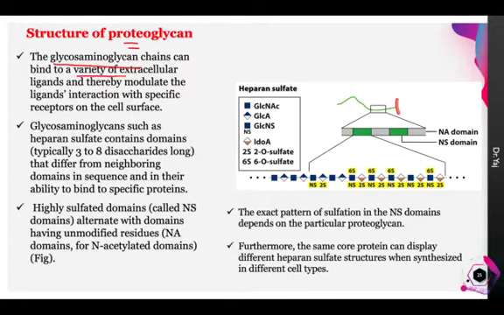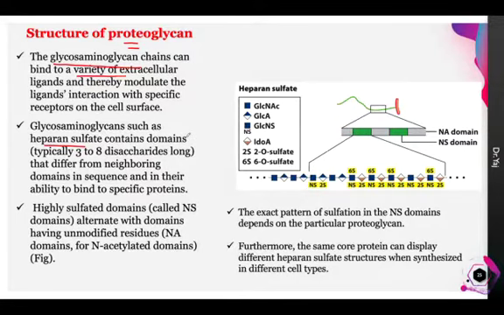Now, in case of heparan sulfate, we have two domains that can exist. One is called the sulfated NS domain, and the other one is called the NA domain or the acetylated domain. The sulfated domain consists of 3 to 8 disaccharides.